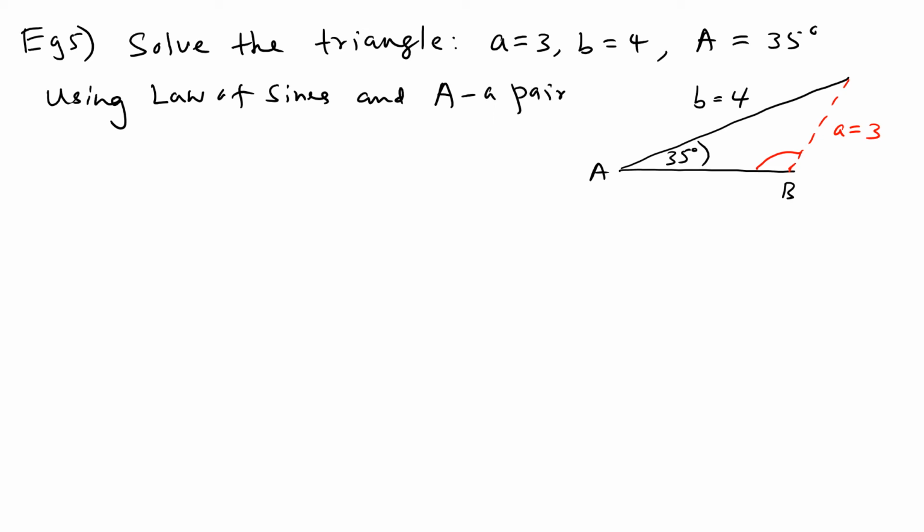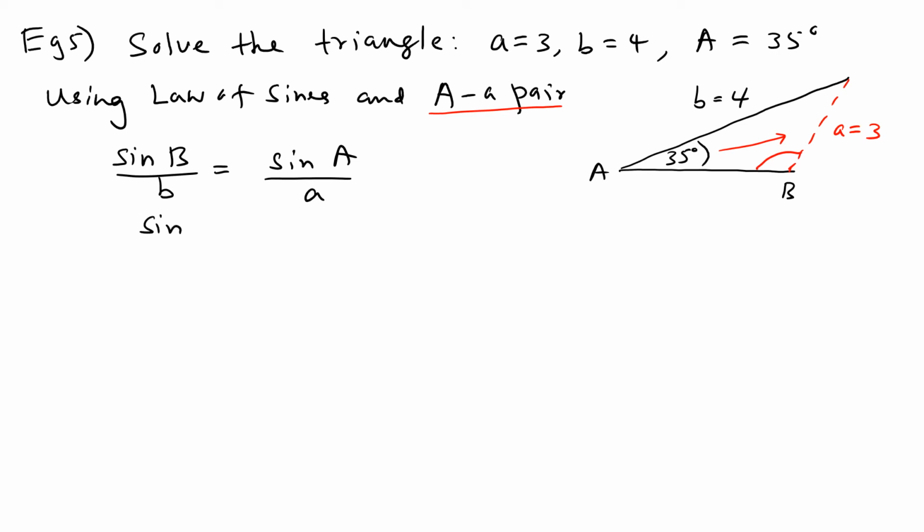So we have a pair because we know the A angle and the A side. For B, we can write sine B over B equals sine A over A, and we can plug in.